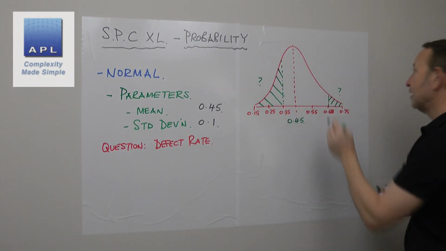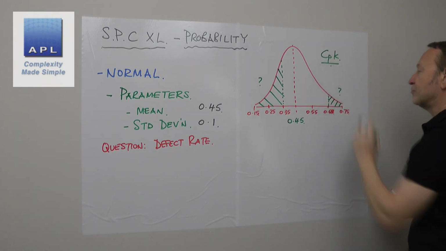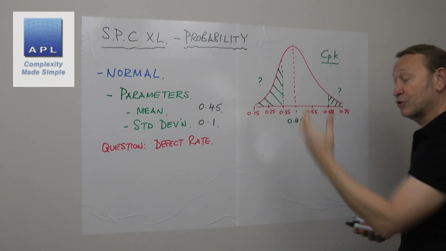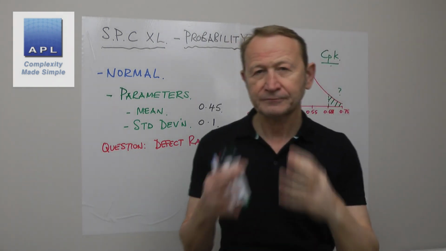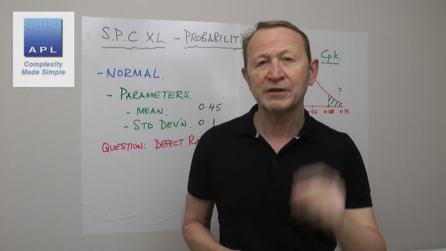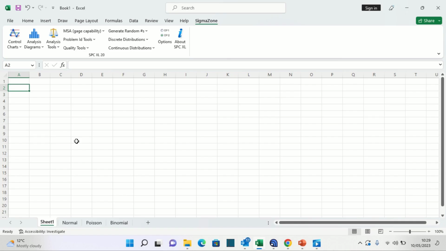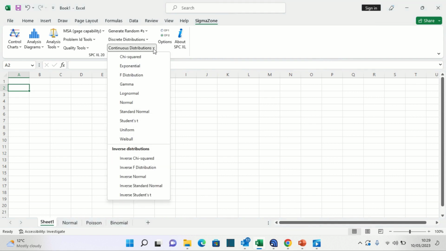Now normally in SPC XL, what would I use? I'd use the CPK tool to do this because it will draw this picture for me. But we're going to show you how to do a formal normal distribution calculation. Let's take a look at the software. Previously we were looking at discrete distributions. Now we've got a continuous distribution in the normal. There are a lot of continuous distributions, as you can see.